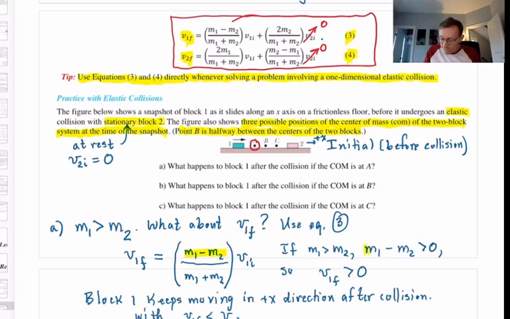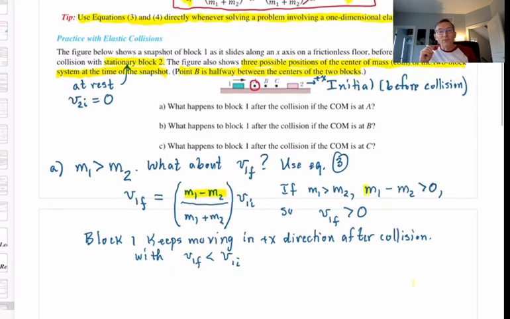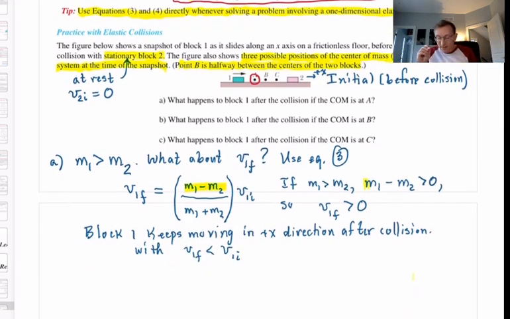So I know that V1 final is less than V1 initial. So the block will continue to move in the plus x direction. It will continue to move to the right, but it will be going slower than it was before the collision. Well, it did impart some momentum to the other block.